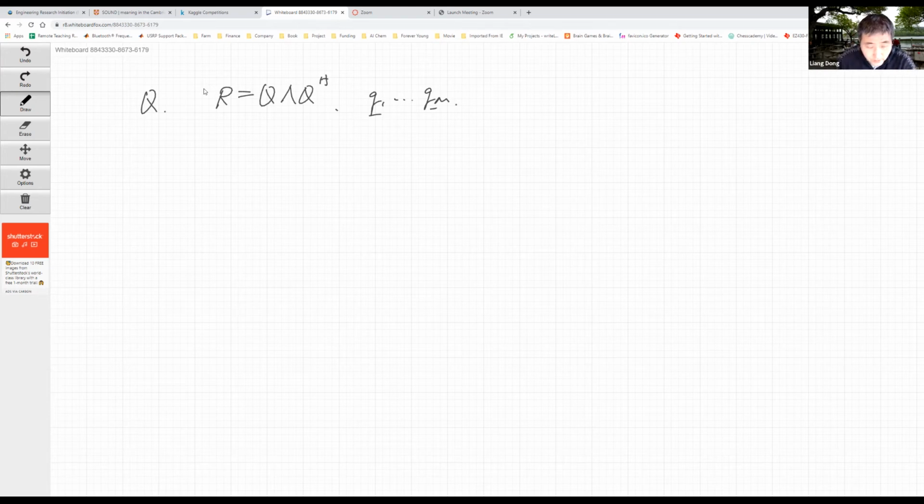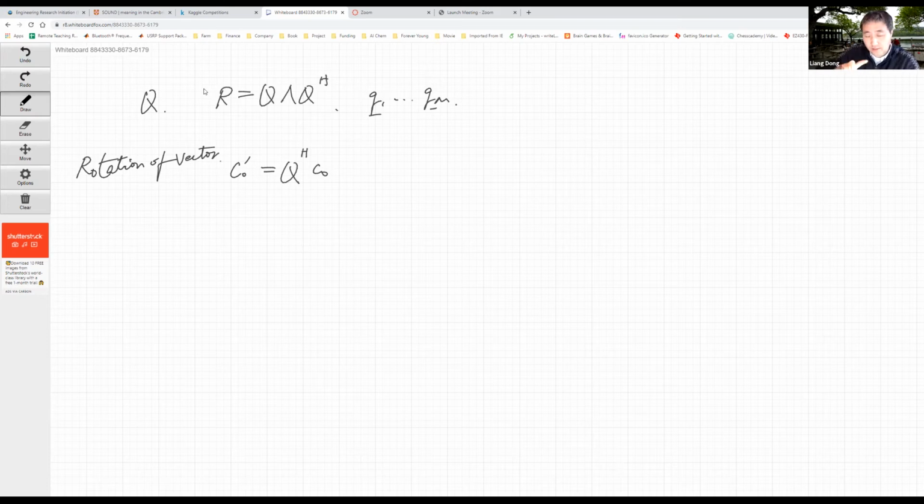Using this Q matrix, Q Hermitian times C0, we get another vector called C0 prime. What we did is rotate a vector. This is rotation of a vector in the space of dimension M. So Q is M by M, an orthonormal matrix, so it's a rotated vector.